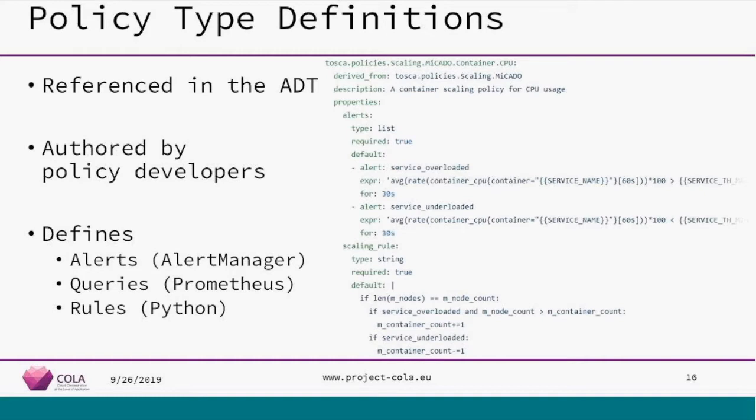When those alerts fire, you can see down at the bottom section the scaling rule, which is that Python logic that Joseph mentioned. This is a very simple example, but in a very simple Python script, we catch those alerts as they're being fired, and if overloaded conditions are met, we can increase the container count by 1, and if underloaded conditions are met, we can decrease the container count by 1.